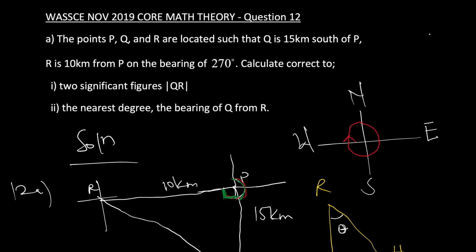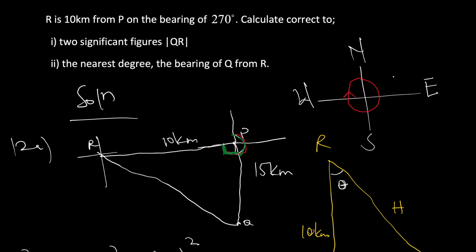You are being asked to find the bearing of Q from R, which will be the whole of this from here to here. We know from here to here is 90, so we need to find theta.